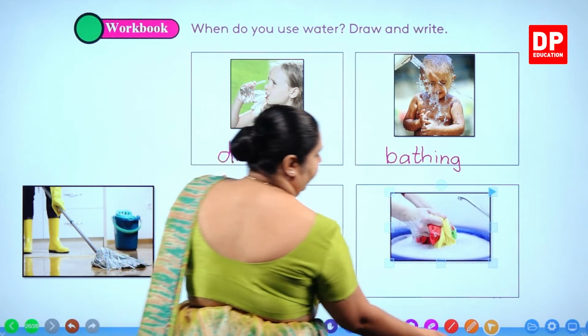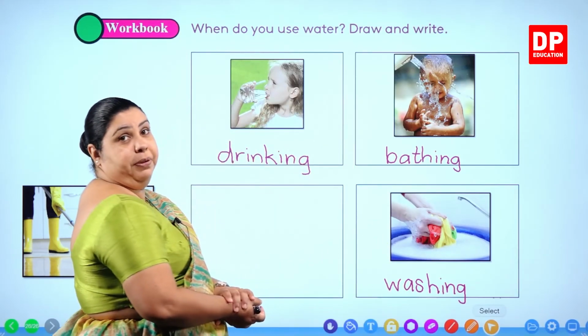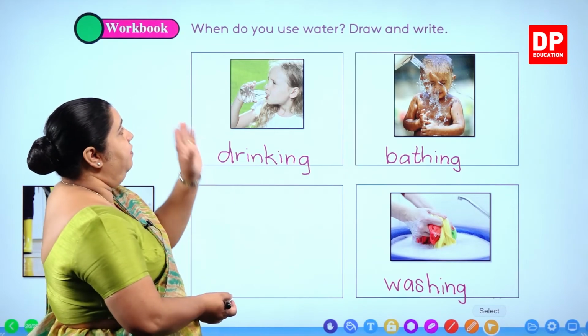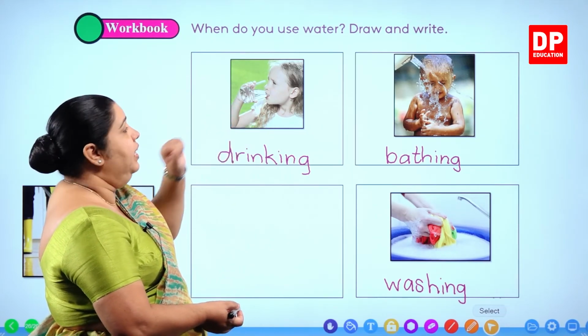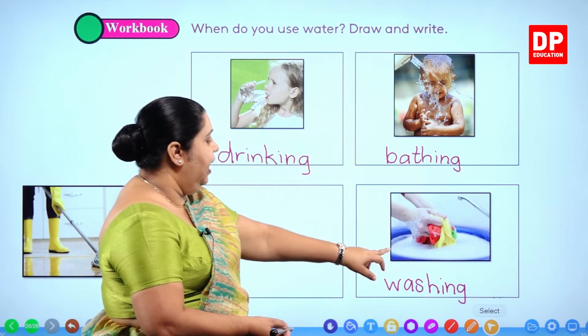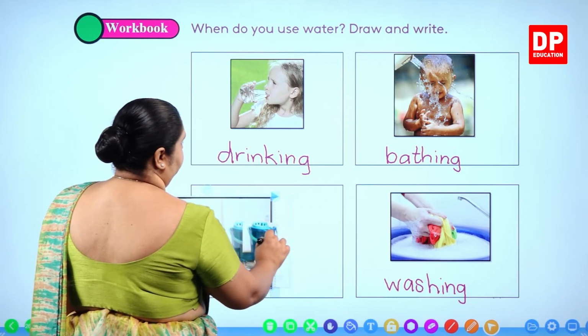So I will write washing. W-A-S-H-I-N-G. Washing. Next picture. My last picture. We need to have 4 pictures. When do you use water? Draw and write. My first one, drinking, bathing. Then I have washing. And here my last picture comes here.